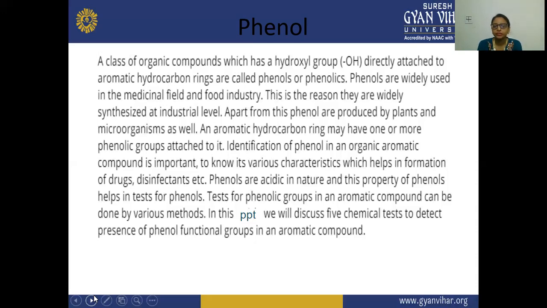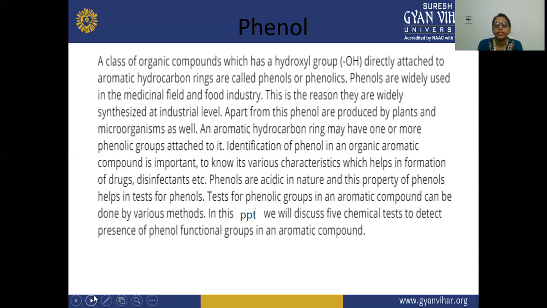And these are very widely synthesized in our industry, because they help in the formation of drugs and disinfectants, etc. Because of its acidic property, it shows these tests, and it also helps in identifying phenol.